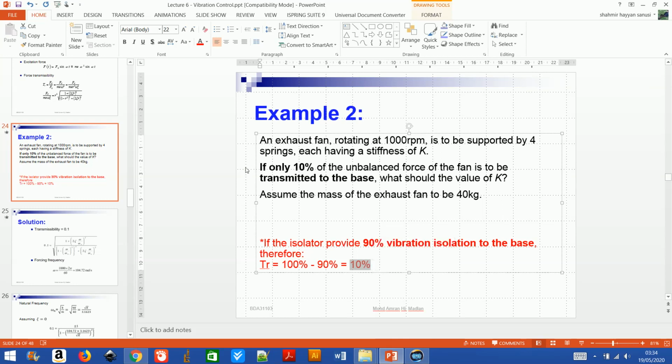So to solve this, we have the value of N, which is 1000 RPM, the transmissibility ratio is 10%, and the mass is 40 kilograms.